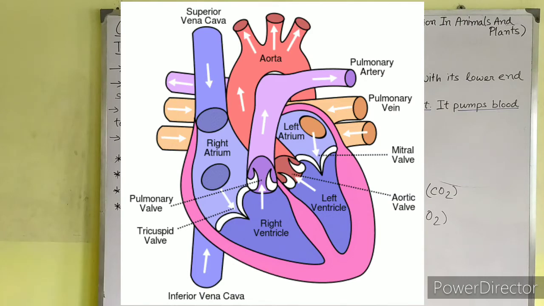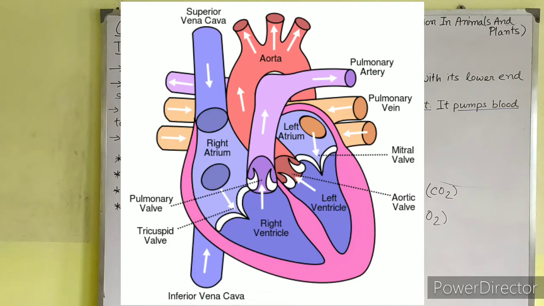Next, what happens? The left atrium contracts. The blood passes into the left ventricle by the opening of the bicuspid or the mitral valve. On contraction of the left ventricle, the blood is pumped into the aorta. The aorta is the largest artery in the body.